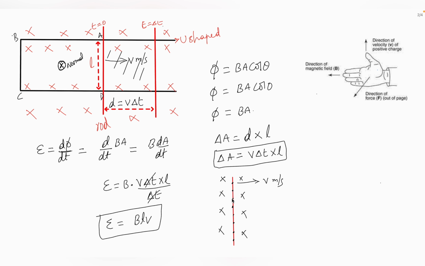Because the electrons are moving to the right with v meters per second, I want you to see this picture, as I explained in the introduction at the beginning. Stretch your right hand in the direction of the magnetic field, with all four fingers going into the page, so we have these cross marks.